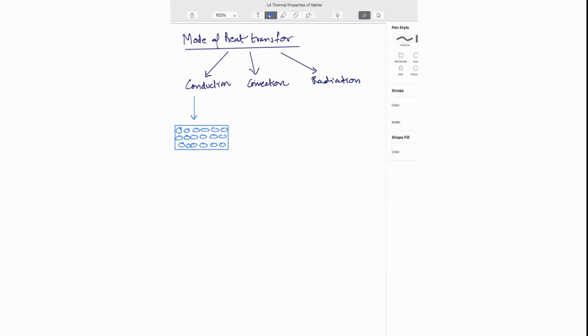Now if you apply a temperature gradient such that T1 is greater than T2, the heat gets transferred. The molecule with higher energy will vibrate and collide with the next one and pass on the energy. This is the way conduction happens and heat is transferred.